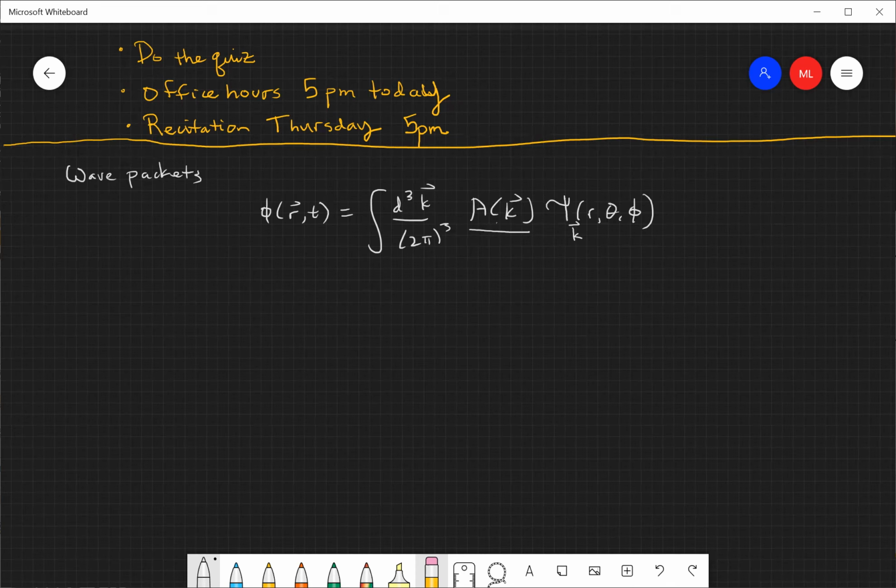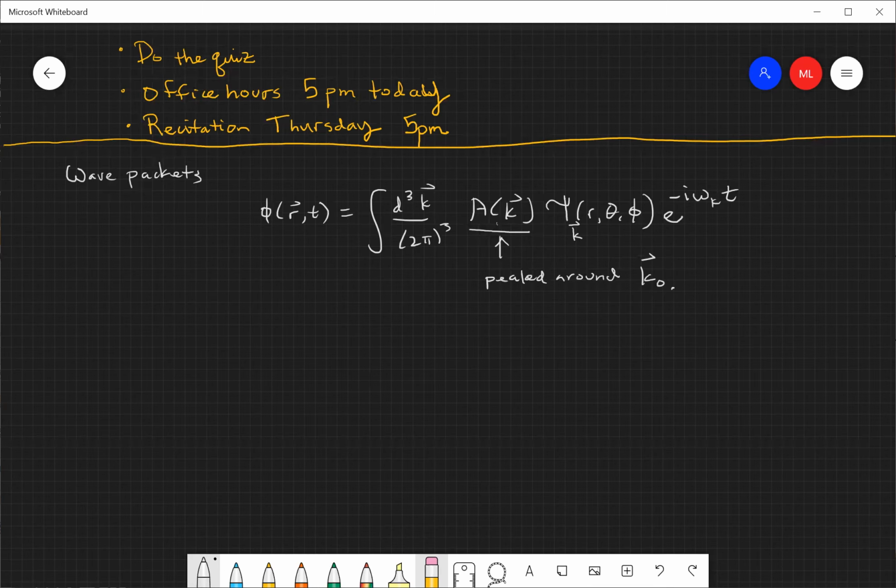And you would say that this is normally peaked around some input wave vector, the initial momentum that you give the incoming particle. And then the time dependence is just that each of these modes picks up a complex phase like that. And that's the solution.